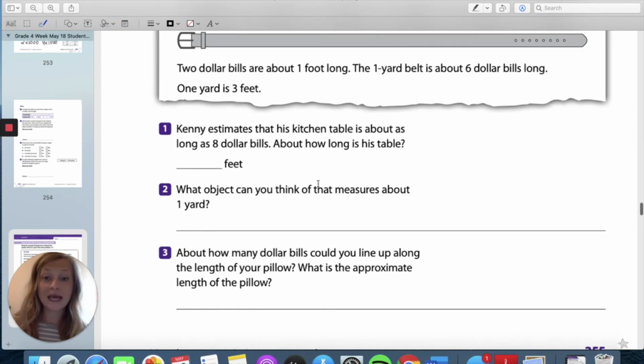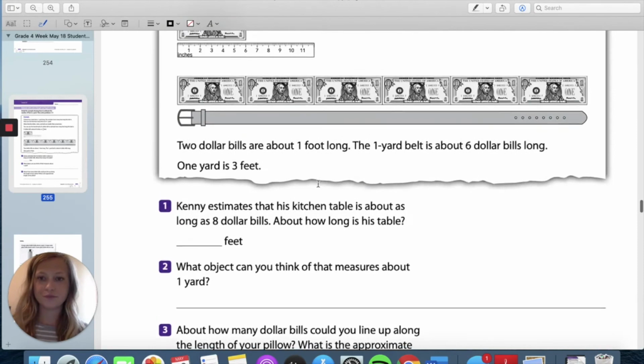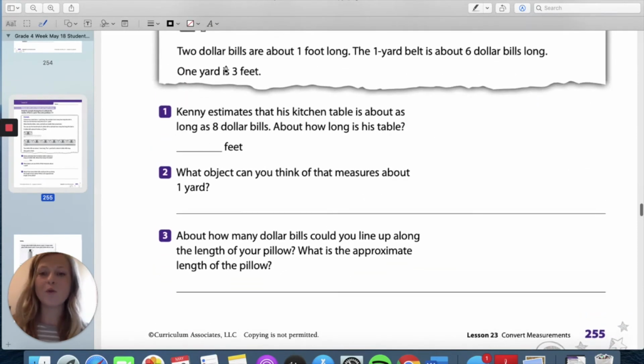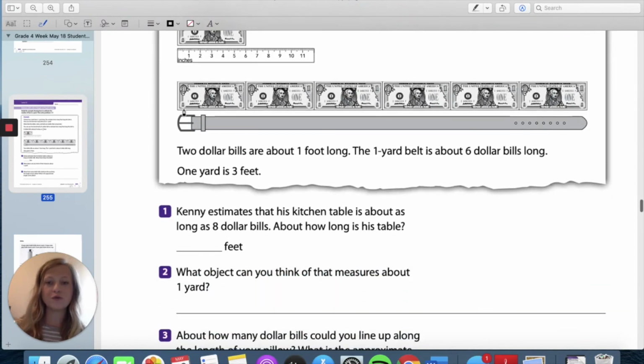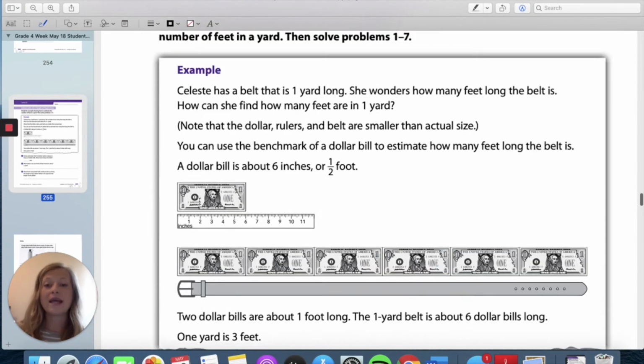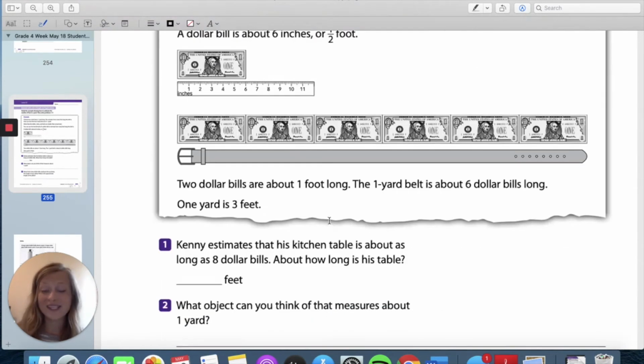I would really like us to do number 1 on page 255. It's going to be using the example above to do this. So once again, I want you to pause the video, read the example, and then press play once you've read it.